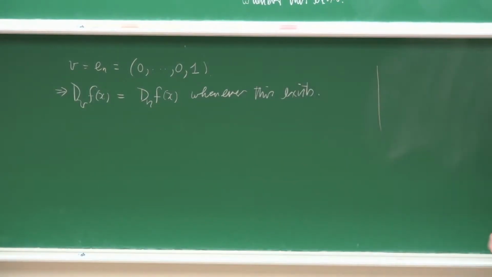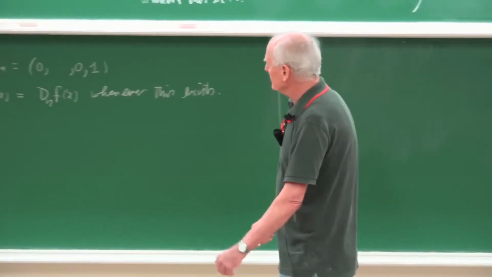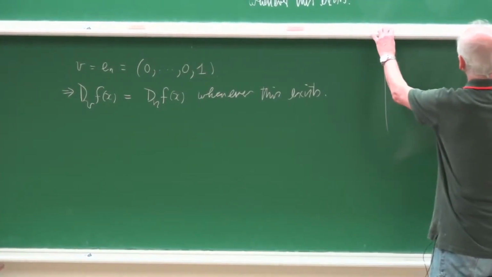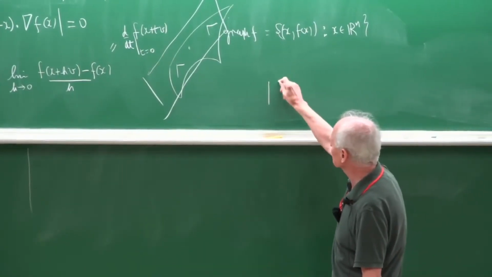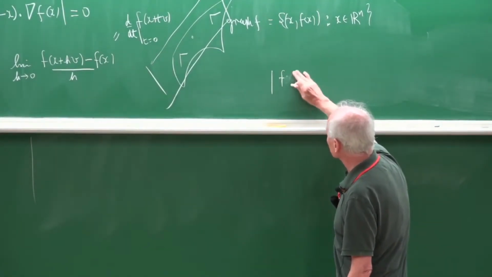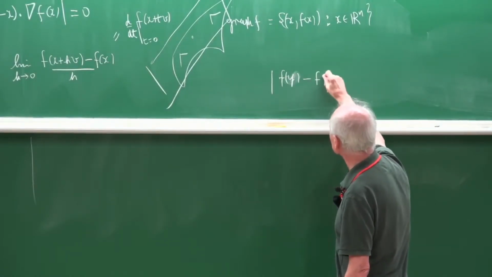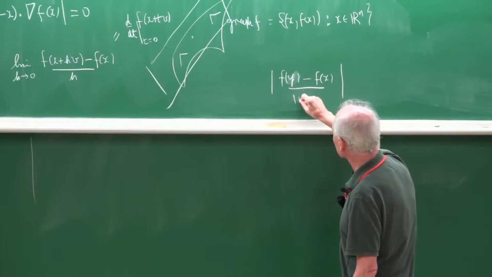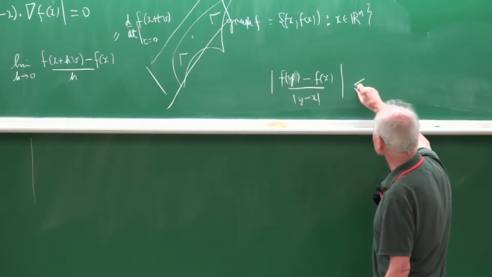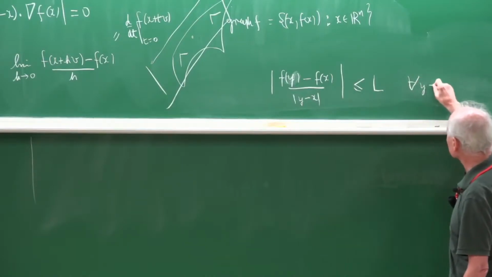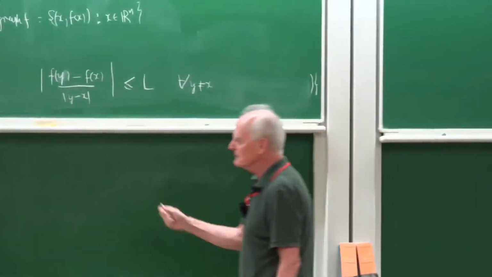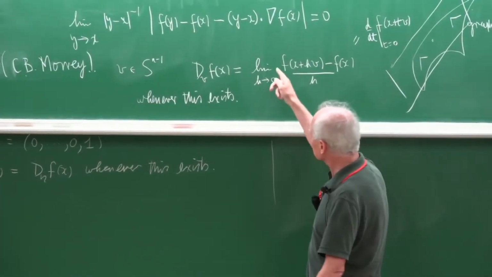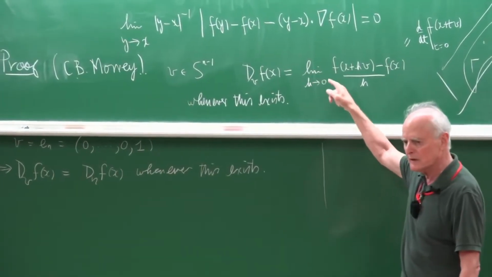Okay, so we do that first of all. And now keep in mind that these quotients are all bounded by the number L, because it's a Lipschitz function with Lipschitz constant L. So f(y) minus f(x) over y minus x is always less than or equal to L for every y not equal to x, because it's a Lipschitz function with Lipschitz constant L. So that means that even if these limits don't exist, the lim sup and the lim inf have to still take finite values.